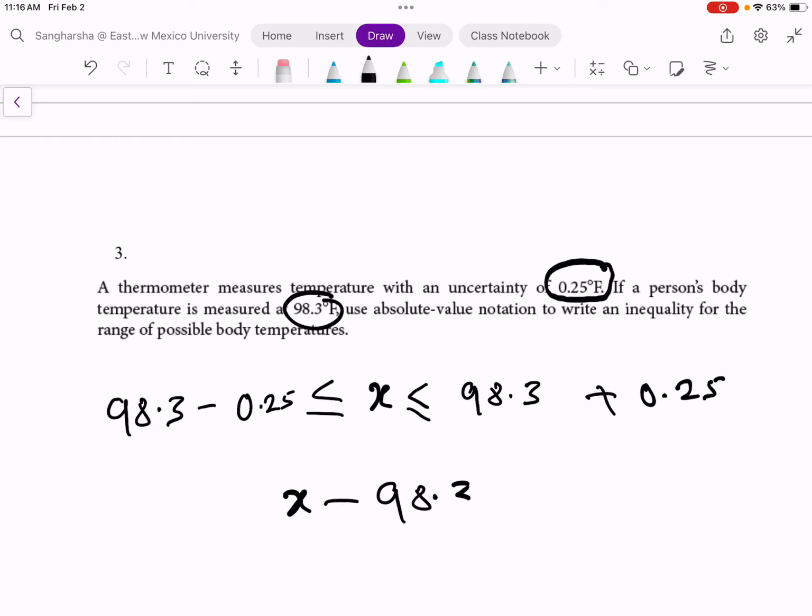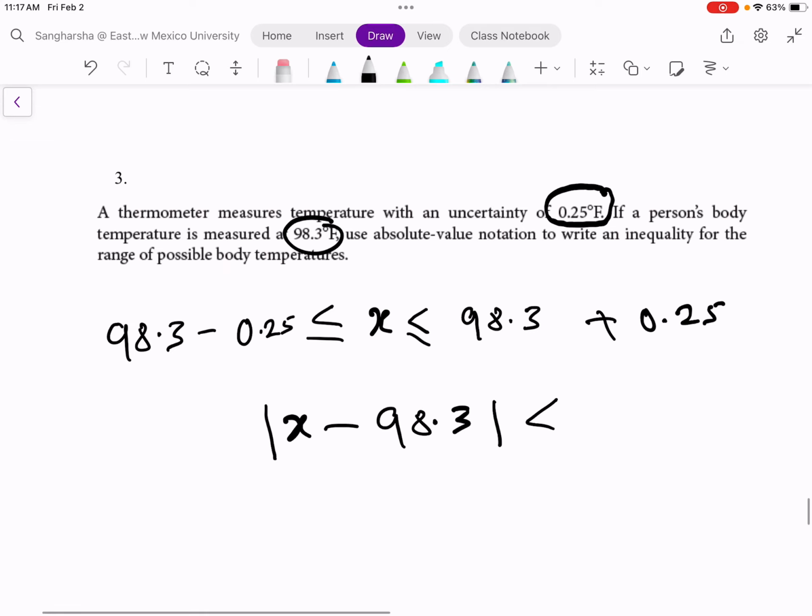The difference of these two has to be always, what should be the difference here? So we have x, it can be any temperature. That x is our accurate body temperature. So x minus 98.3, the difference has to be the uncertainty, which is 0.25.